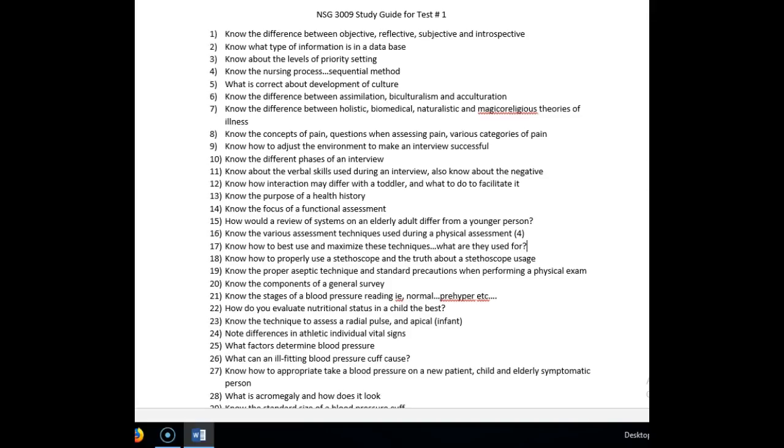Question number 7. Know the difference between holistic, biomedical, naturalistic, and magical religious perspectives or theories of what one would call illness.